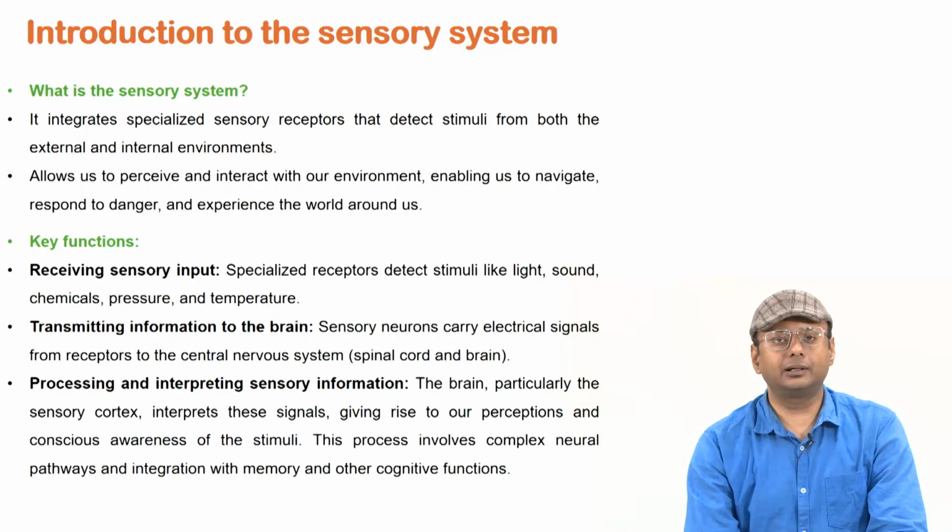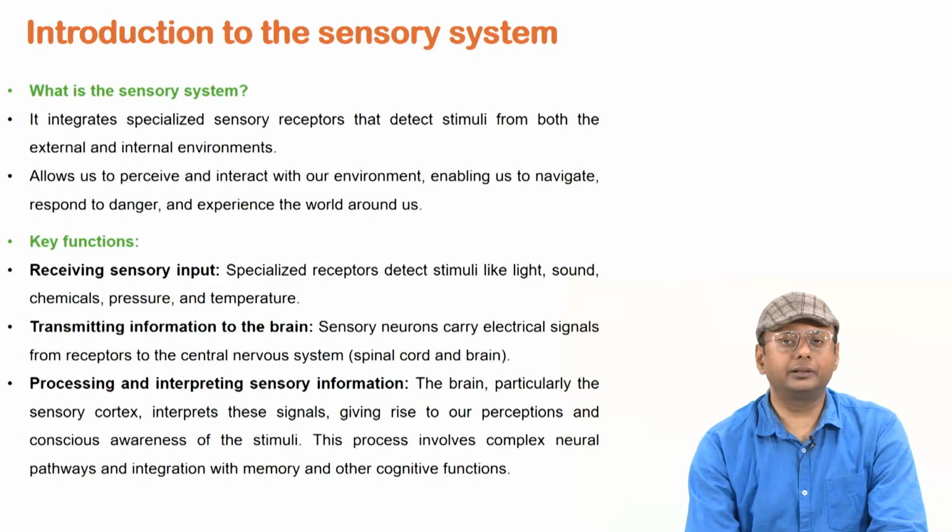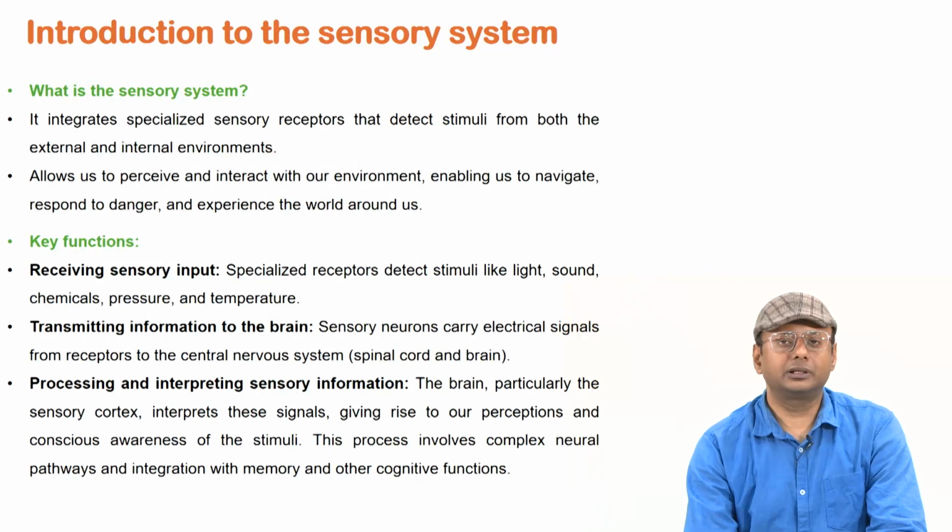From the external or internal environment, the sensory system detects different types of responses, and it transmits those sensory responses towards the brain and the spinal cord. And once those responses get processed inside our brain or through the motor neuron or the motor nerve, it generates different types of stimulation or response.